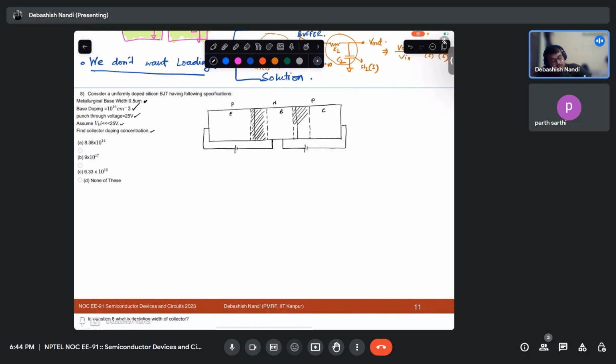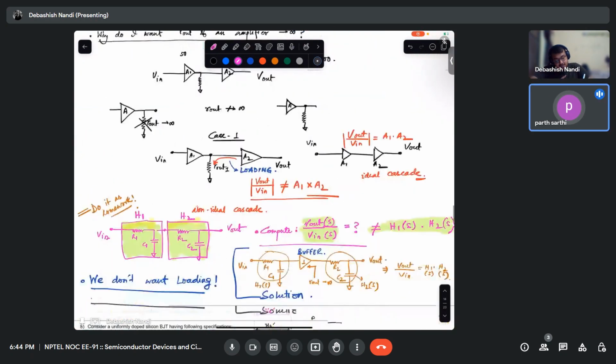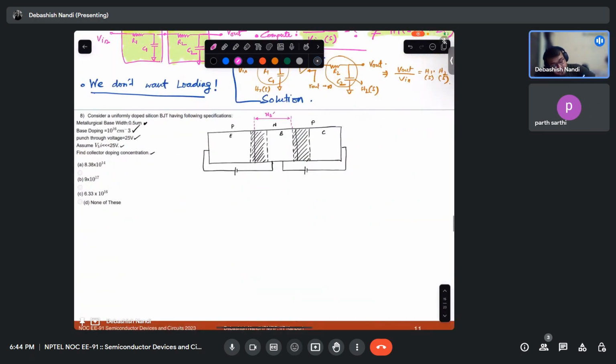So what is punch through, by the way? When width tends to 0. What width? Base width, depletion width. When the base is fully depleted. Which base width? We have discussed two base widths, right? Electrical base width. Electrical base width tends to 0, and why will that happen? Because of biasing.